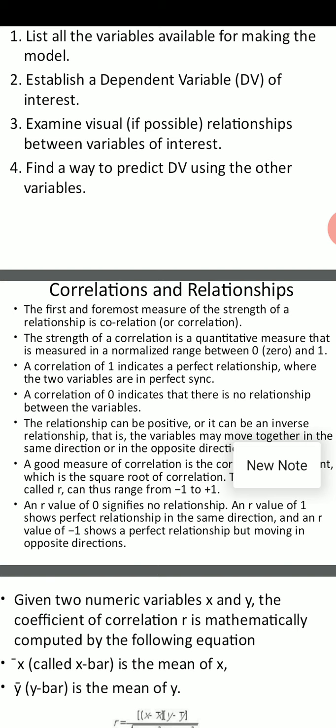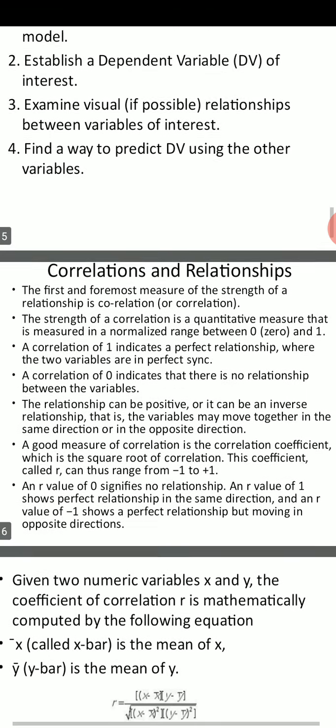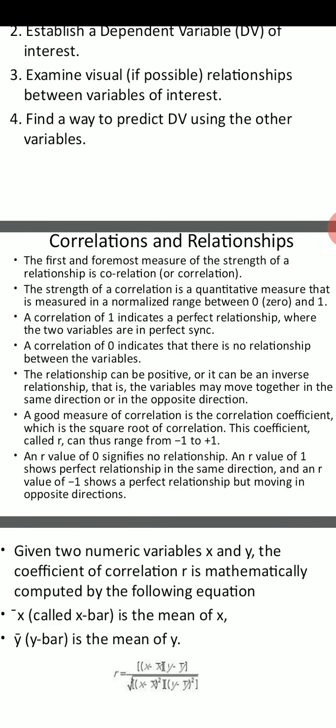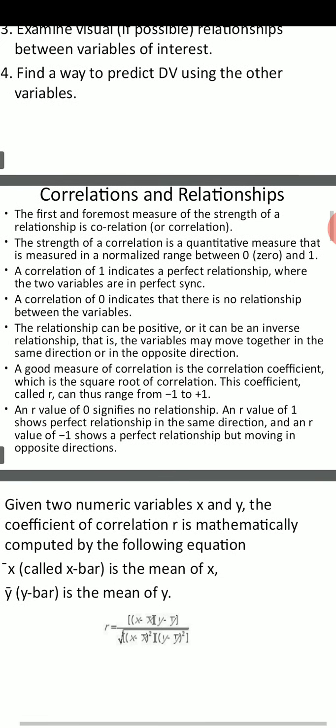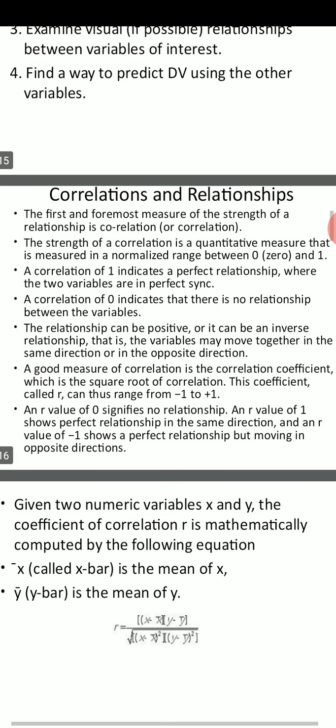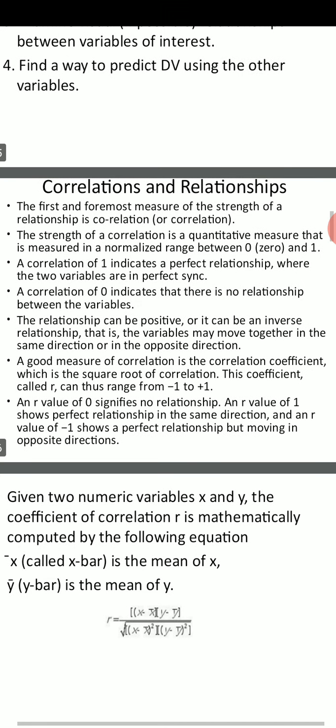That is, if the value is 1, then the relationship is perfect. If the value is 0, then it indicates that there is no relationship between variables. The relationship can be positive or it can be an inverse relationship. The variables may move together in the same direction or in the opposite direction.